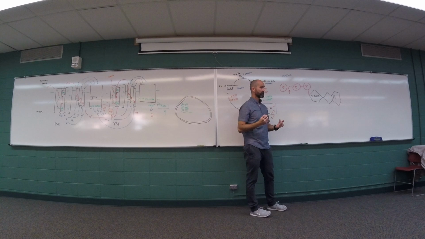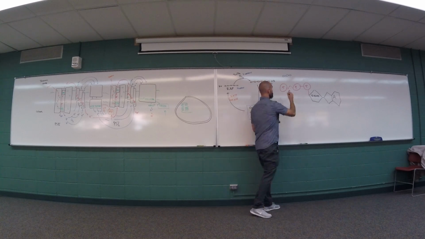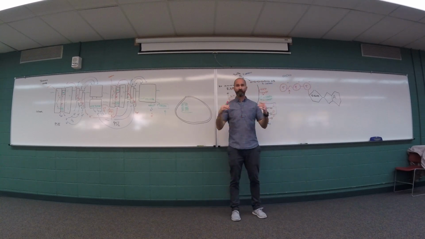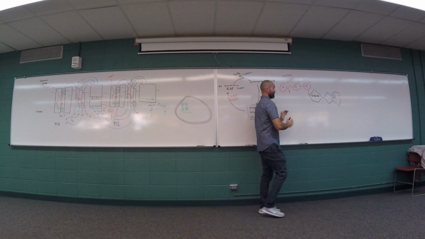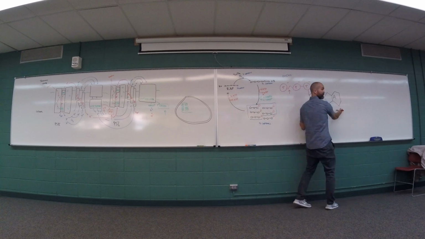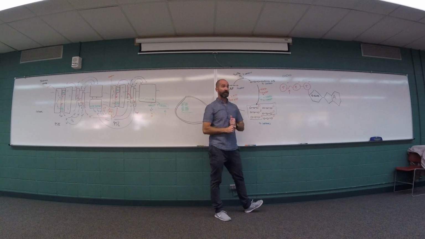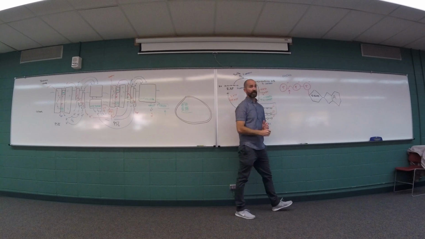Yeah, so the phosphates don't like being by each other because they're all negative. And sticking 3 negatively charged molecules together, it's unhappy. So this is ATP. It's this stuff attached to 3 phosphates. ADP is this stuff attached to 2 phosphates.